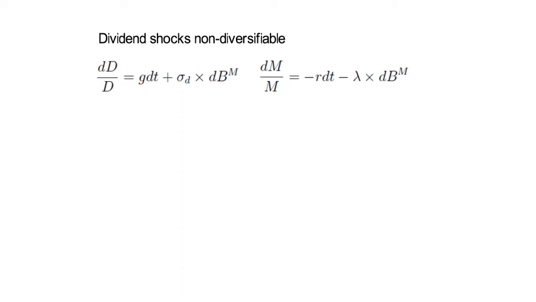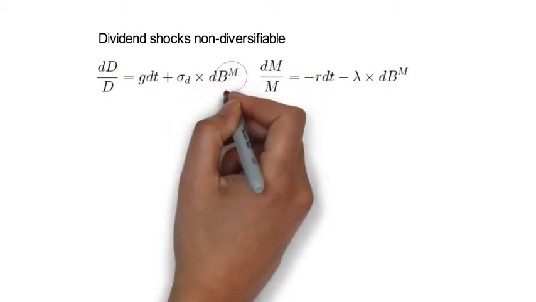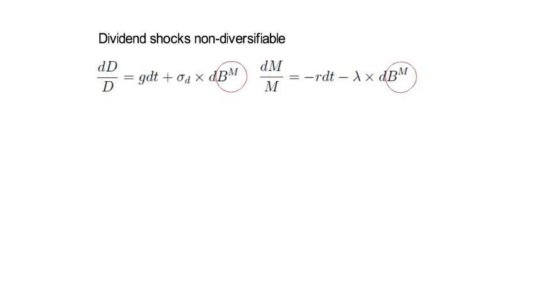And the SDF M has the usual representation of minus r dt minus lambda dBm. So Bm are the Gaussian shocks to the SDF. They represent the non-diversifiable shocks in the economy. And you see that the dividend shocks are hit exactly by these SDF shocks. That implies that all dividend shocks are systematic.